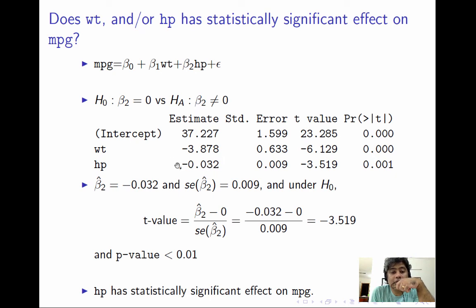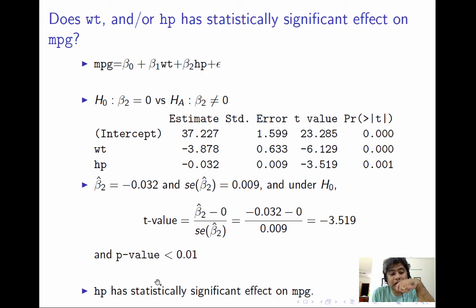Here the estimate of beta 2 is negative 0.032, which is quite small, but at the same time the standard error is even smaller, 0.009. If you plug these values into your t-value formula, you get negative 3.519. It gives you a p-value smaller than 0.01, at the 1% level of significance.